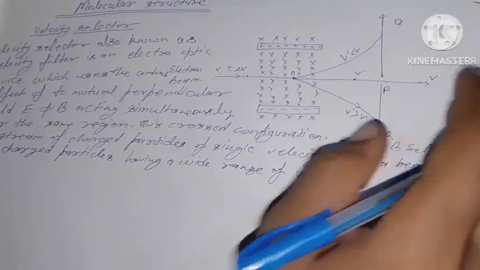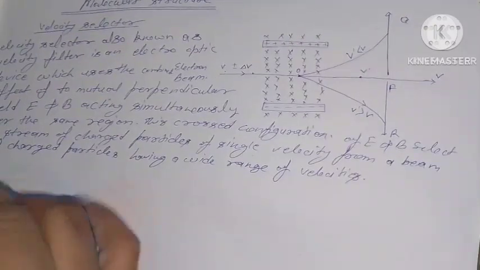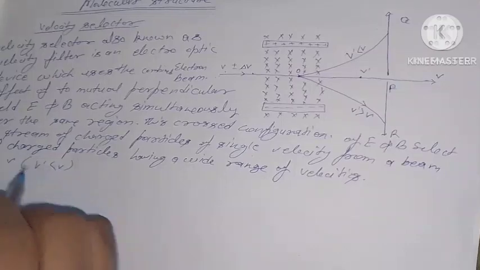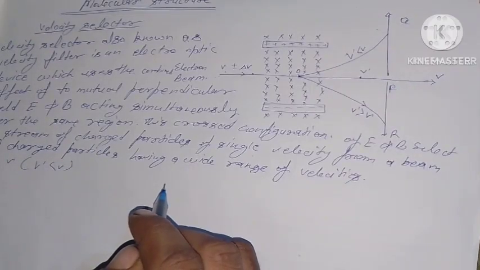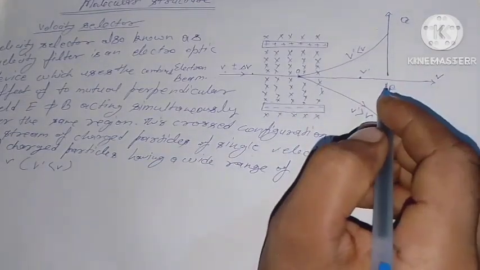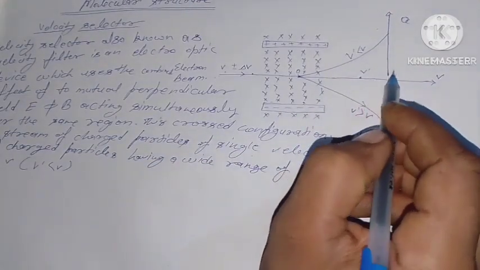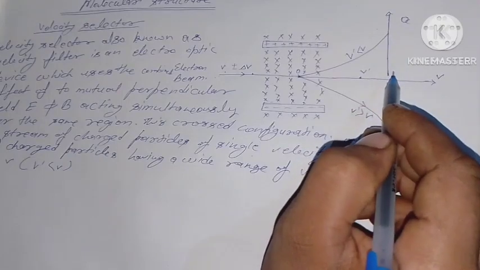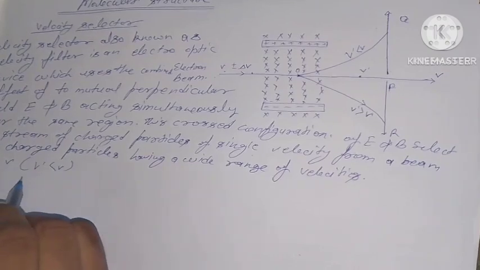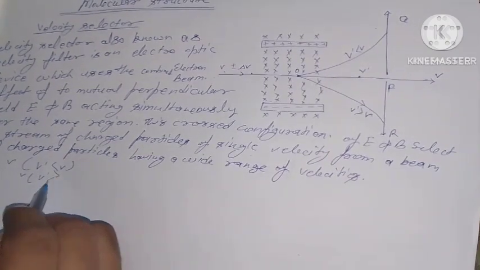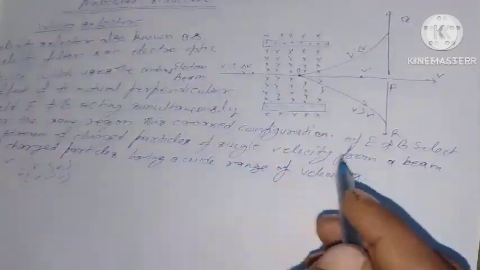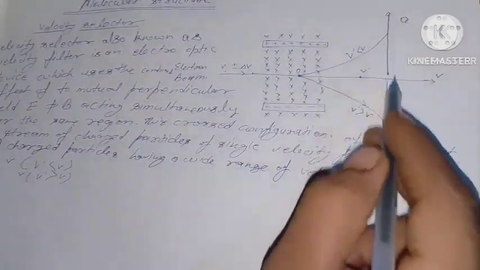Those electrons moving with velocity v' less than v will get deflected upward along OQ, and those moving with a velocity v' greater than v will get deflected downward along QR.